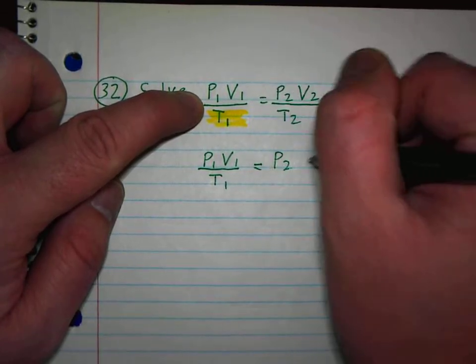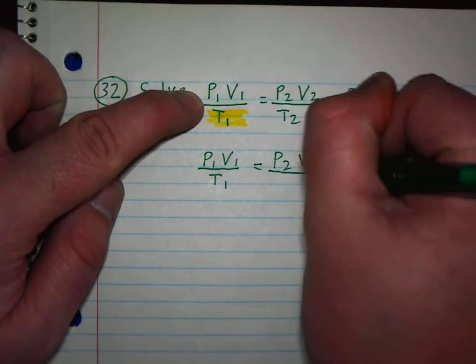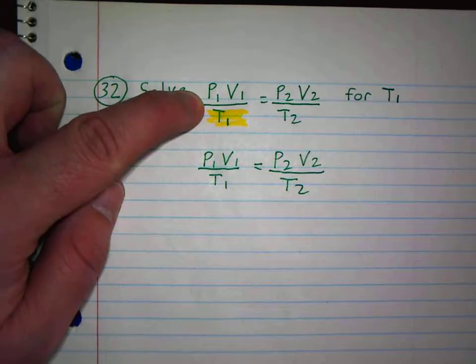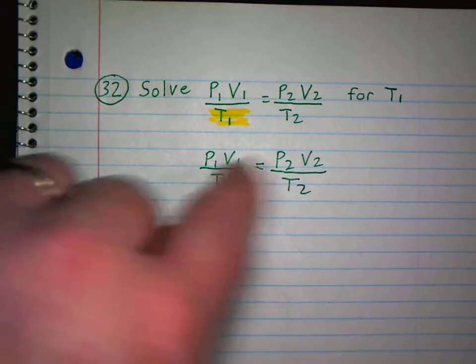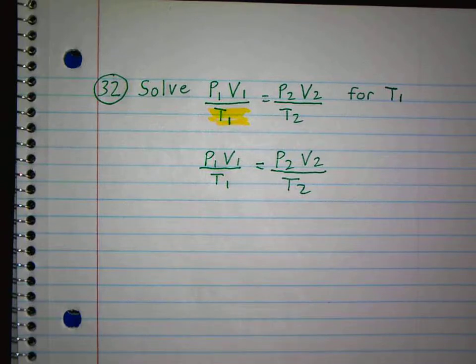Now, the common mistake with cross multiplication is you can only do it if you have one fraction equal to another fraction.